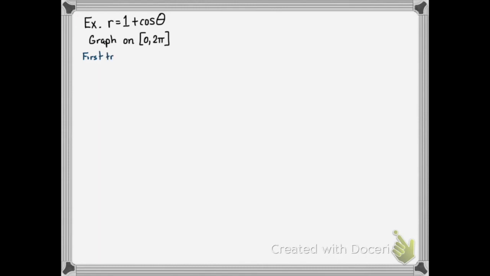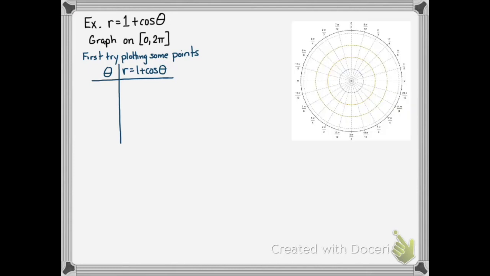We will create a table where our input is theta, the output is r, and our formula is 1 plus cosine of theta. When we graph this, we're going to be using our polar grid, and we're told to graph on the interval from 0 to 2 pi.